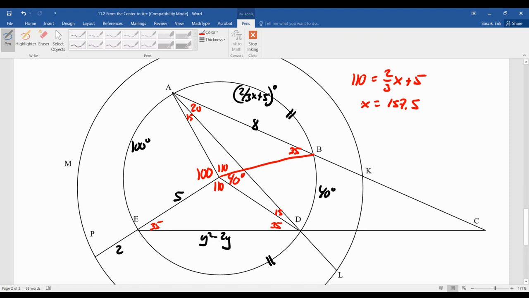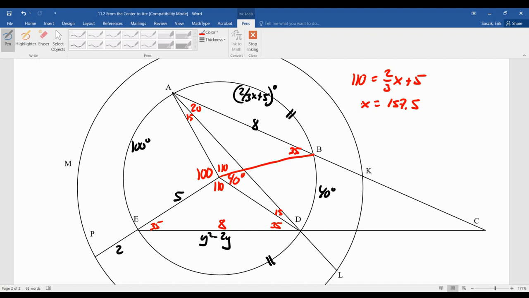What's the next one? The next one is ED. Well, remember, if this arc here is congruent to that arc up here, then the corresponding chords have to be congruent. So if this is 8, this must be 8 as well. Okay, we're almost there. Sometimes it takes a while just to find this stuff.